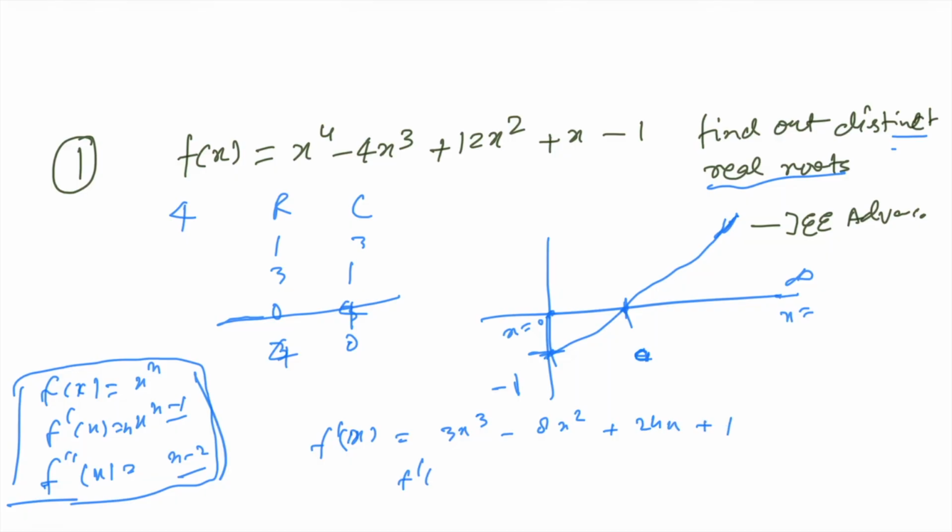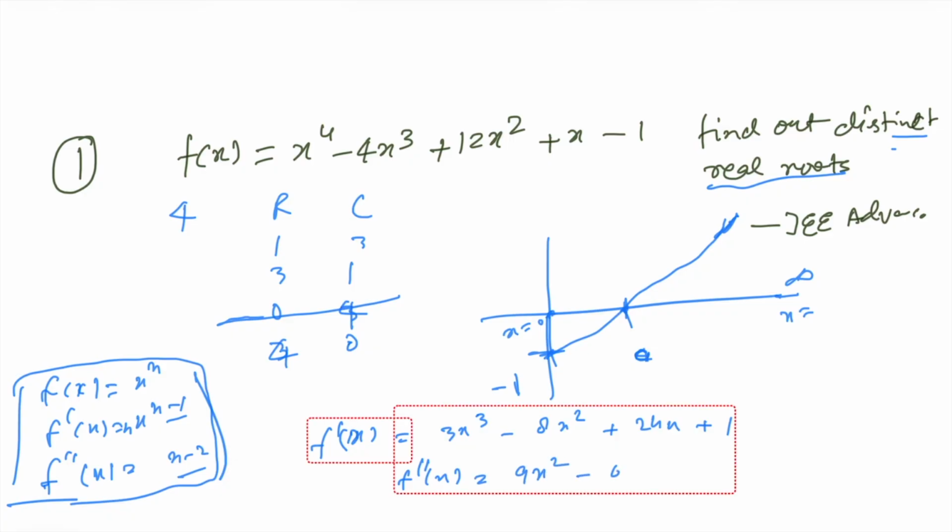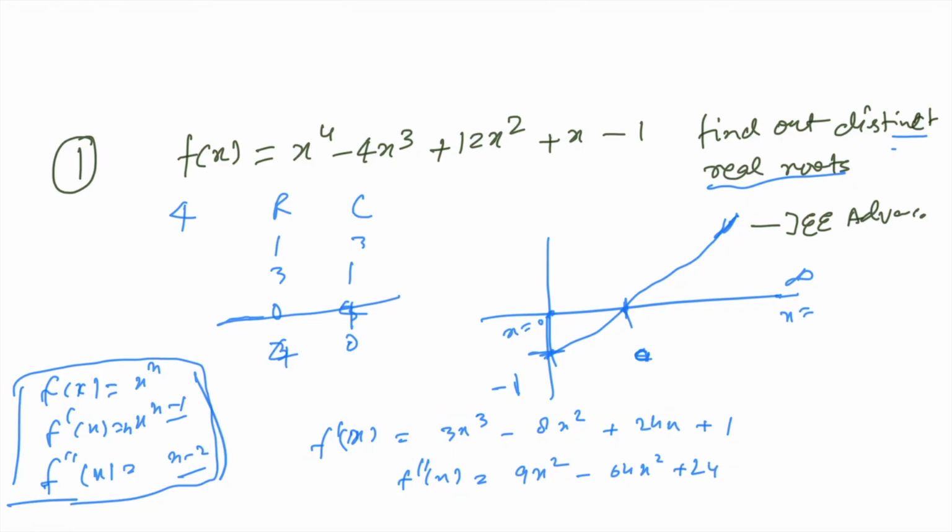And if we again differentiate it, f double prime x will come 9x square minus 64x plus 24. So you see now, sorry, this will be x.